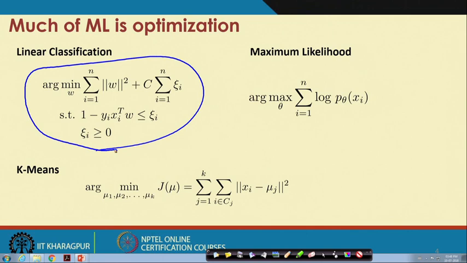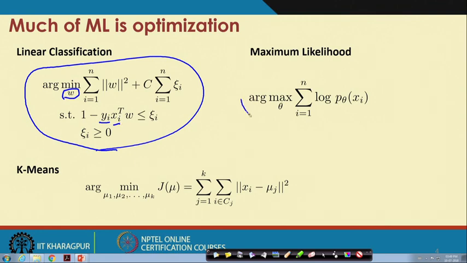After you go through the model specification and the loss formulation, you end up with this problem where you want to calculate the parameters W, which are your optimization variables, given the data set xi and yi. You have to calculate W and the xi, which are the slack variables, for finally performing the classification using support vector machines.